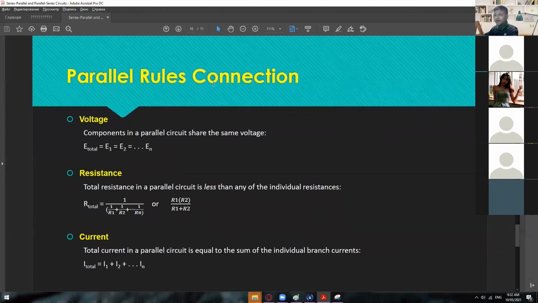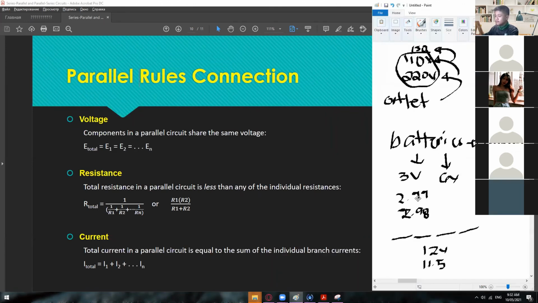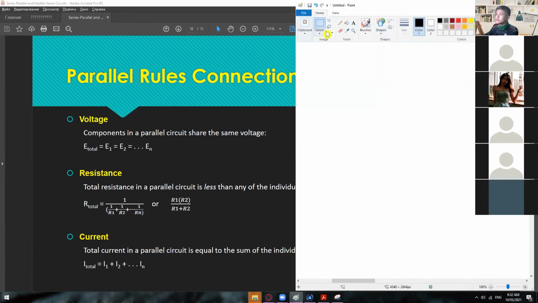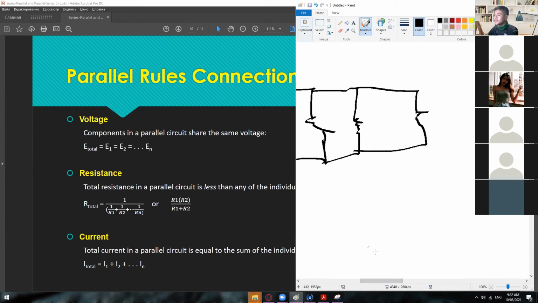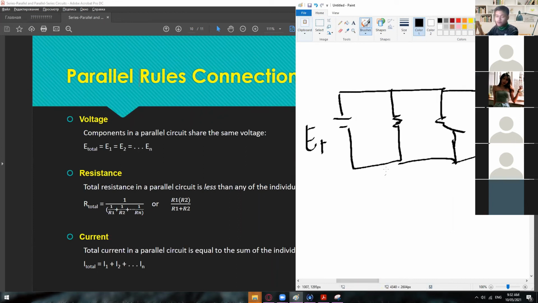And for the parallel, ito naman yung sinasabi ko kanina, for the voltage, E total is equal to E1 is equal to E2 if it's a pure parallel connection. Like, for example, we have E total, positive, negative, and then we have the resistance right here, another resistance. Kahit ilan pa yan, lahat yan, same lang yung voltage na dumadaloy.